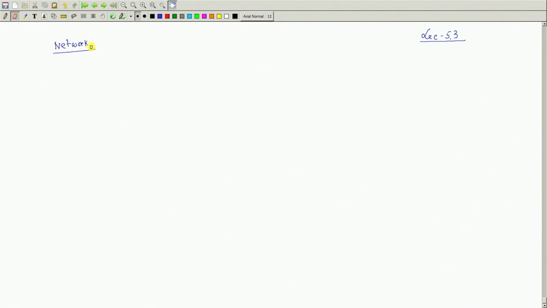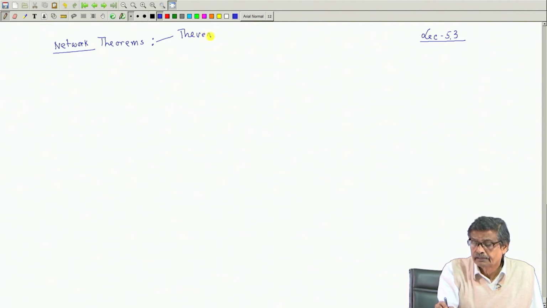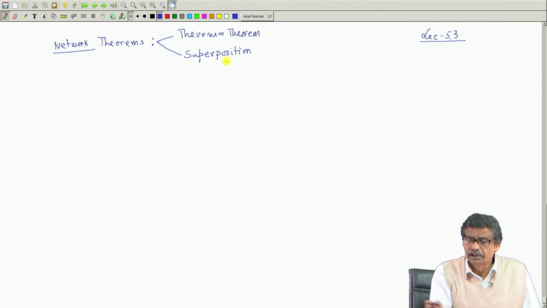Now, under network theorems, we will take the most important theorems. Two theorems are very important. One is Thevenin's theorem, and the other is Norton's theorem. Thevenin's and superposition theorem can be easily converted from one to another.